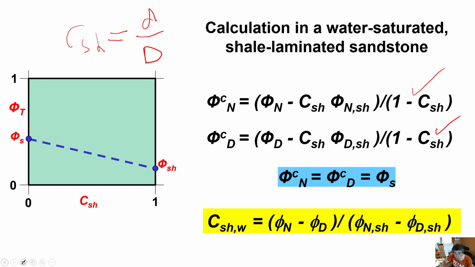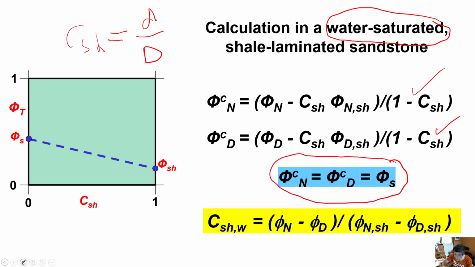But what happens if I implement this formula in a water-saturated sandstone? If the corrections are done properly, and the selection of the pure shale is properly done, then after making the corrections, the corrected neutron log should be the same as the corrected density log. And the values will actually be the values of the sandstone porosity.